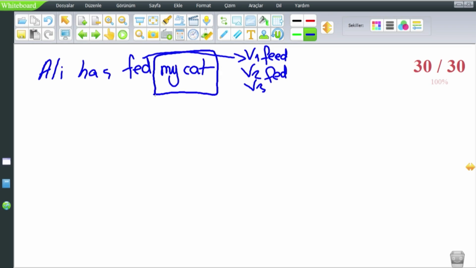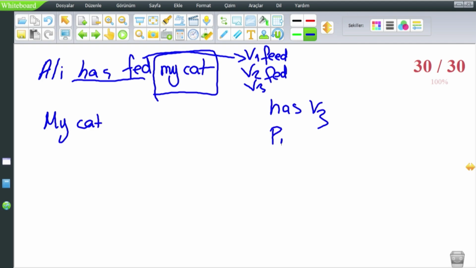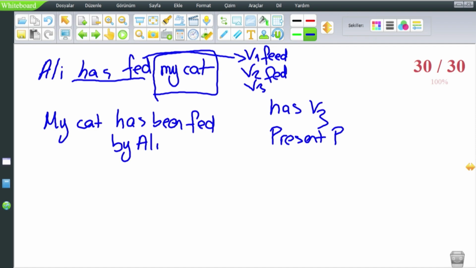My object in this sentence is my cat. And looking at the tense, I see has verb 3, which I understand is present perfect. So I will say my cat has been fed by Ali.